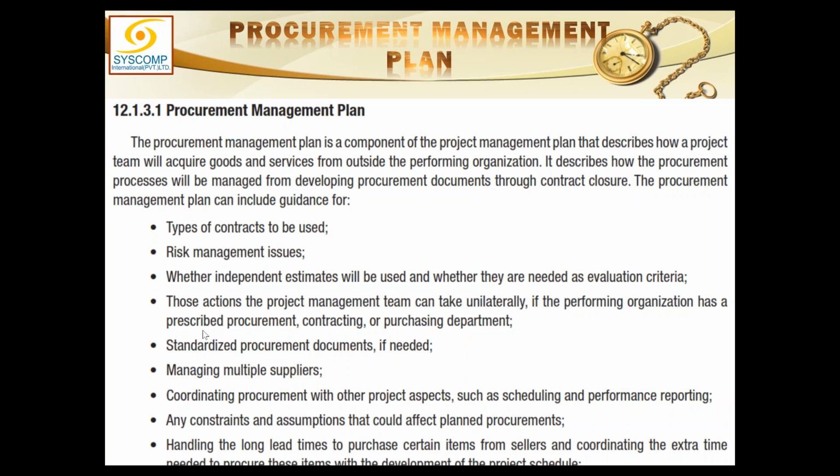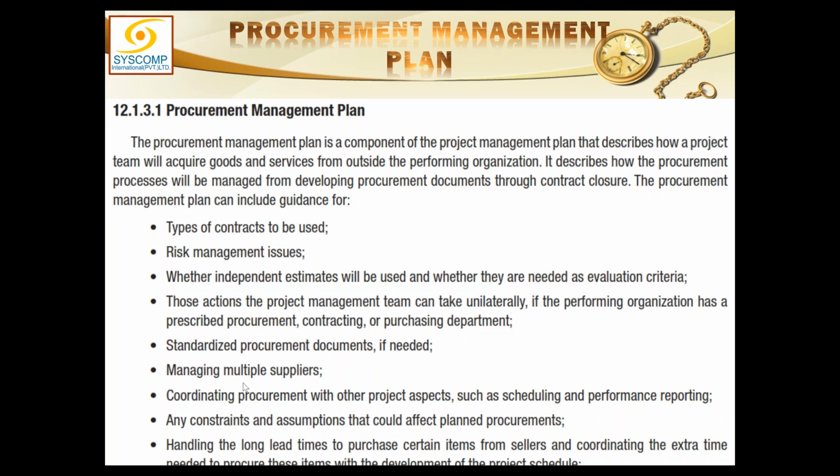Then the procurement management plan also includes all those actions the project management team can take unilaterally if the performing organization prescribes a procurement, contracting or purchasing department. Standardized procurement documents, if there are any in the organization, they will be needed and used. Managing multiple suppliers, it is very much possible that more than one supplier or contractor is working with you on this project.